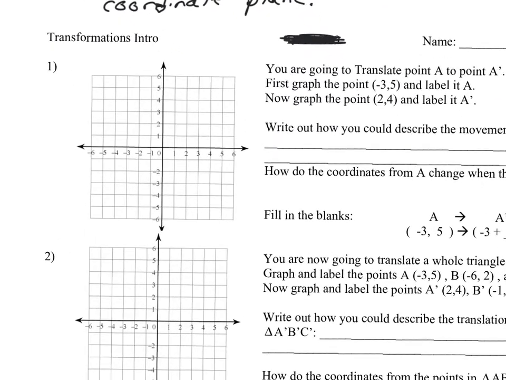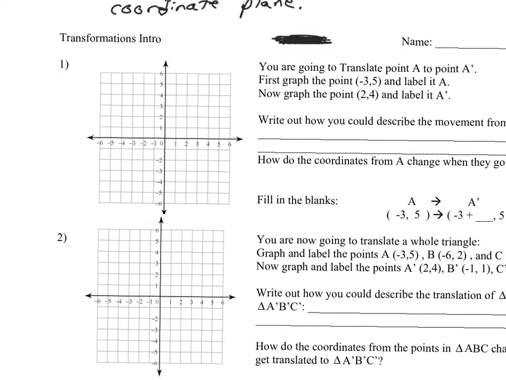So with that single point, they ask us to graph the point -3, 5, and label it A. So we're going to graph that. From the origin, we go to the left 3 and up 5, and we put a dot there, and that dot is called A. Then they're asking us to graph A prime.